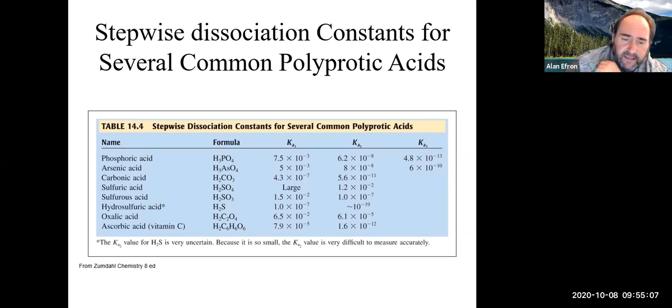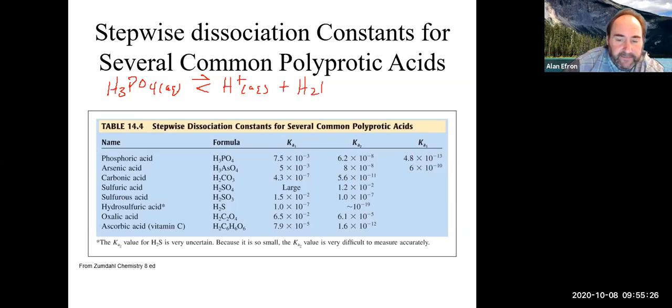So if we take something like our phosphoric acid, which is the first one in that list, the first step that will happen is the H3PO4 will drop off that first hydrogen and form H2PO4 minus. And then the next step is that H2PO4 minus will drop off the second hydrogen and leave us with HPO4 2 minus.